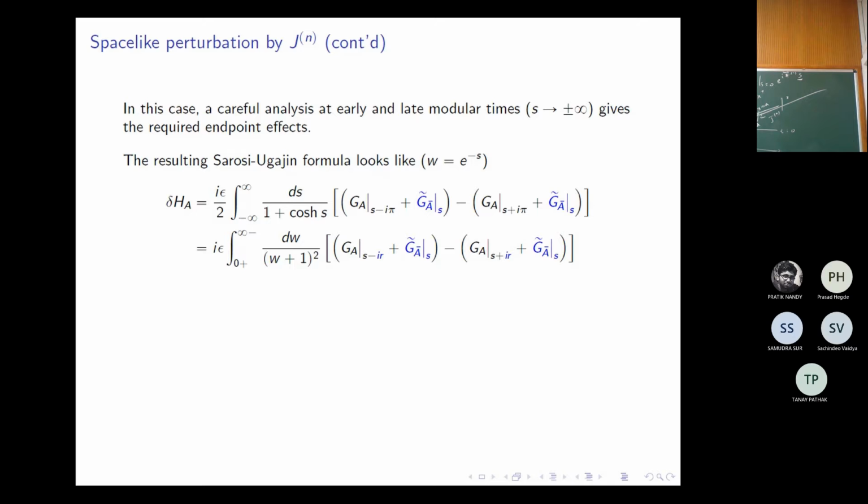So it will go till S minus I R, then we will take R from 0 to pi. And when we study this delta H A with another probe operator in a correlation function in field theory, as we take R from 0 to pi, we will then be able to keep track of how the poles and the branch cuts rotate, and ultimately what is the S integral's contour prescription.